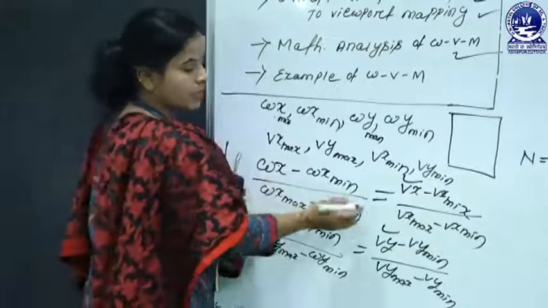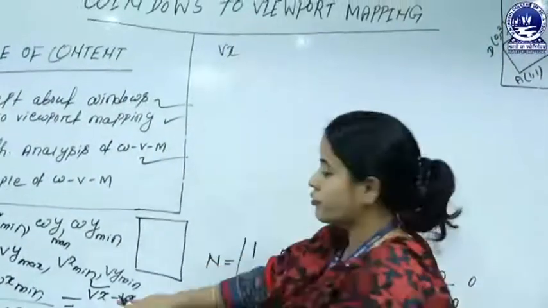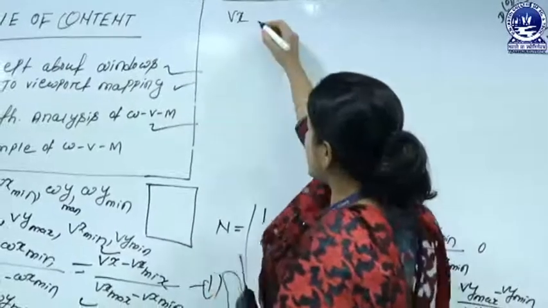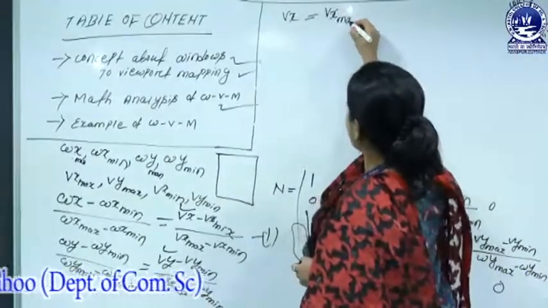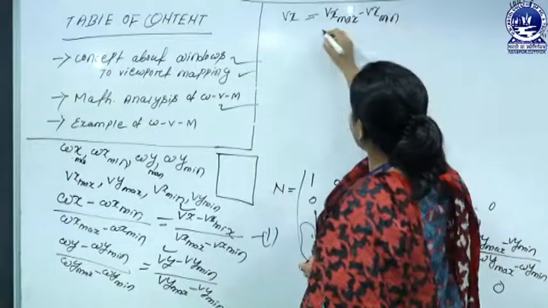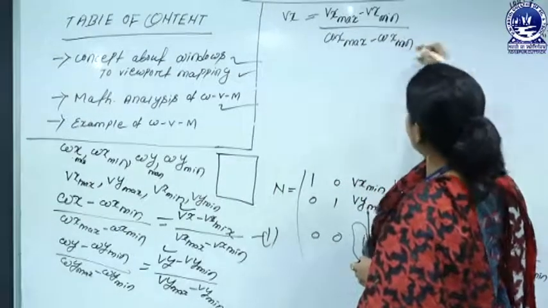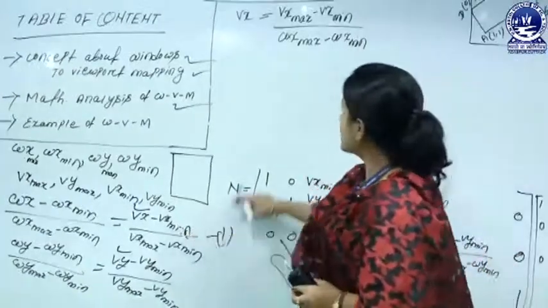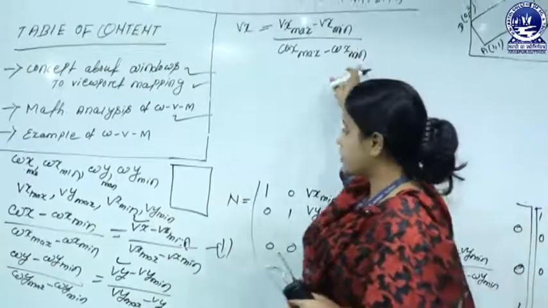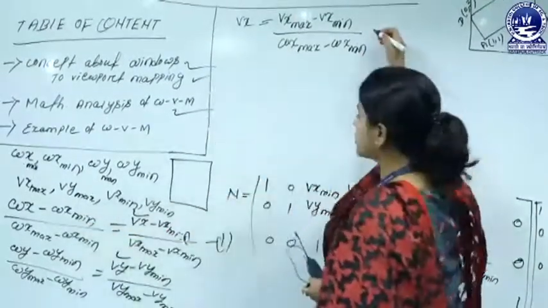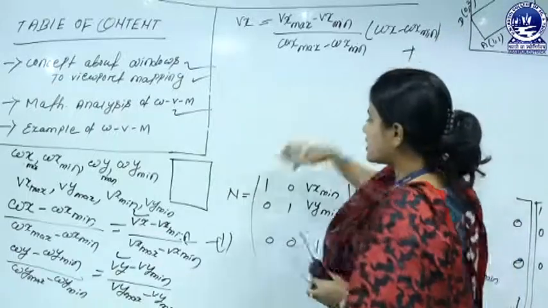Now we perform the cross multiplication. Performing the cross multiplication, we calculate the viewport coordinate value Vx from equation 1: Vx equals Vx maximum minus Vx minimum divided by Wx maximum minus Wx minimum, multiplied by the window coordinate value Wx minus Wx minimum, plus Vx minimum.